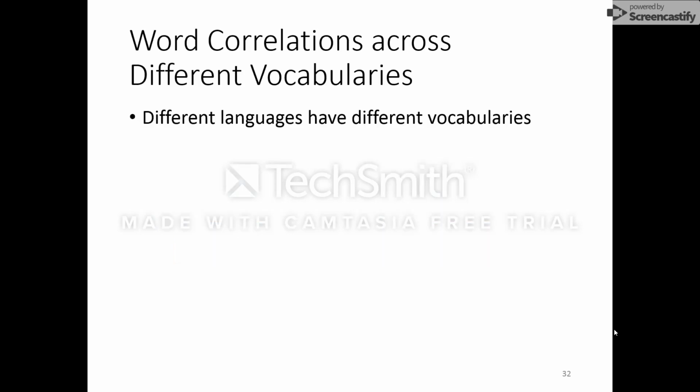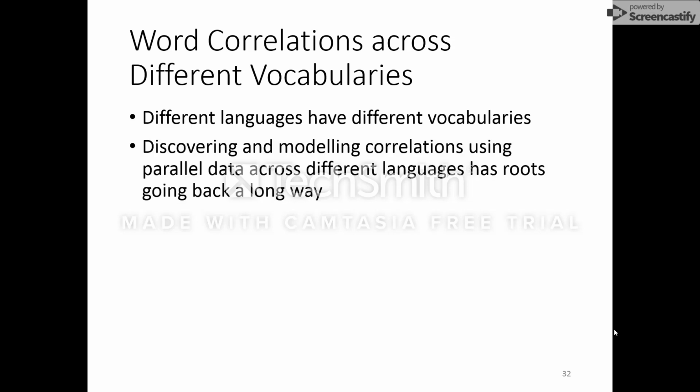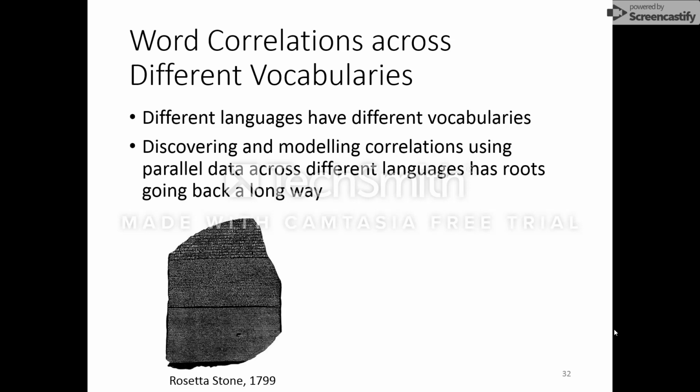Word correlations across different vocabularies have been an age-old problem. Discovering and modeling correlations using parallel data goes back a long way, and in the non-computational world, it goes back even to the 18th century, where people discovered from archaeological efforts in Egypt something called the Rosetta Stone, which had the same inscription, the same decree by an emperor, in three different languages: Greek, Demotic, and hieroglyphic.